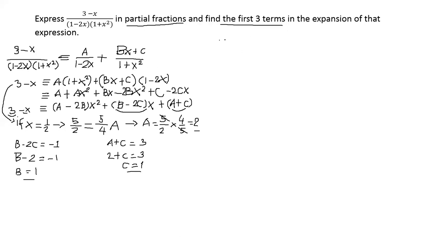It becomes (3 minus x) over (1 minus 2x)(1 plus x squared), identical to a, how much? a is 2, so 2 over 1 minus 2x, plus b, how much? b is 1, it means x, plus c, how much? Plus 1, over 1 plus x squared.